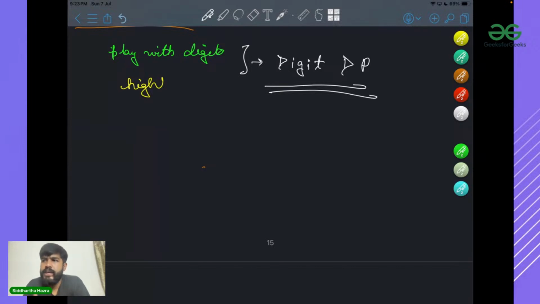Digit DP is coming up in recent trends now. Earlier, companies like Google and Codenation used to ask this kind of problem. But in recent trends, when competition is becoming good and people are good with DSA too, digit DP is also asked by startups and mid-level companies.